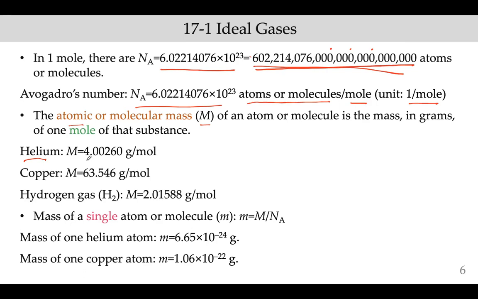It will be this number, so it's about 4 grams. So the atomic or molecular mass is in units of grams per mole, which means 1 mole of helium will weigh approximately 4 grams. What about copper? For copper, it's about 64 grams per mole.